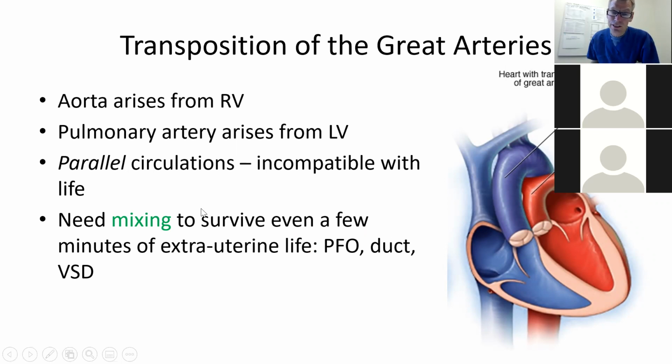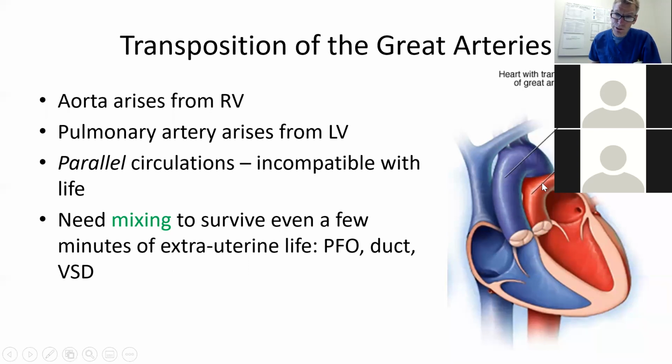The key to understanding a TGA is that the great arteries, the aorta and the pulmonary artery, are transposed. So the aorta comes off the right ventricle. So the right ventricle's here, and this is the aorta, but the aorta comes off the right ventricle, and the pulmonary artery comes off the left ventricle.